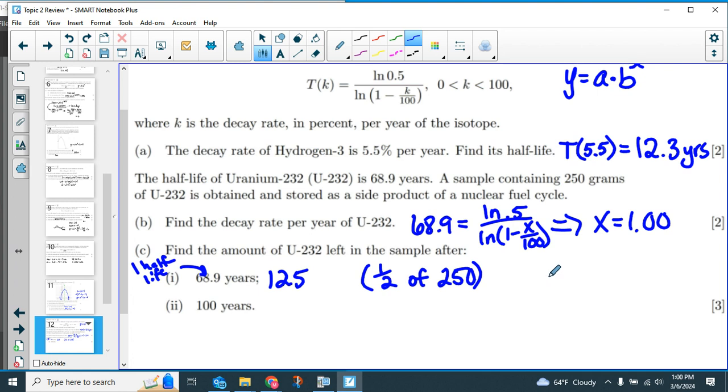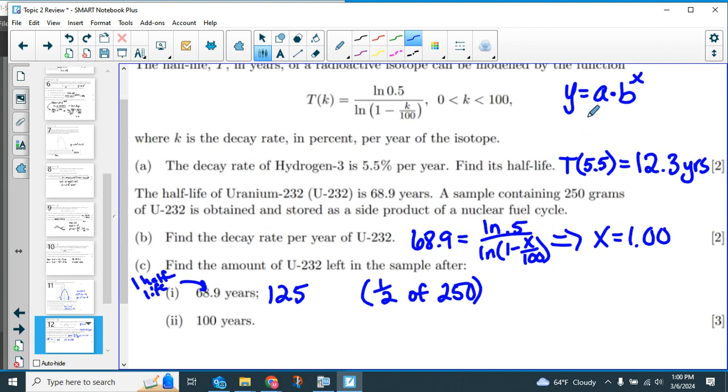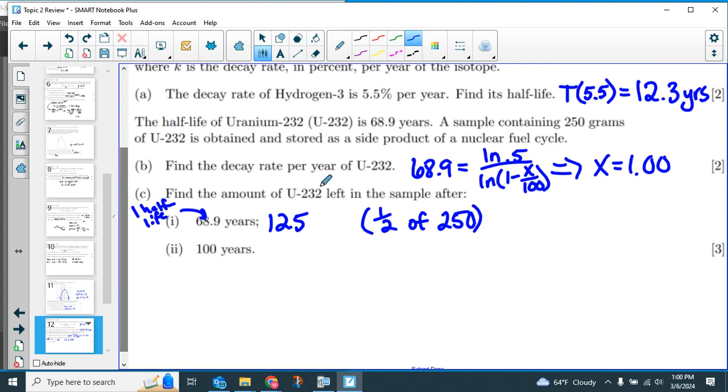All right. Now, after 100 years, if you don't remember the formula for half-life, you're going to have to remember the standard form of an exponential. You can't do this problem not knowing either. So I'll show you why half-life really is this same thing. You just kind of have to know how to do it.